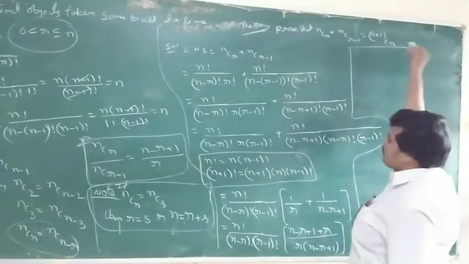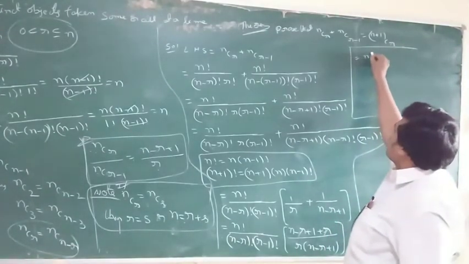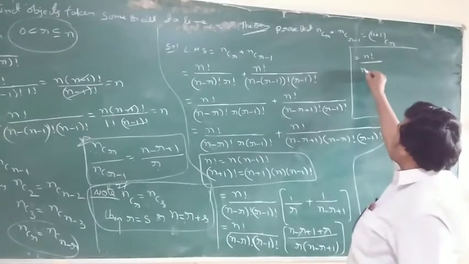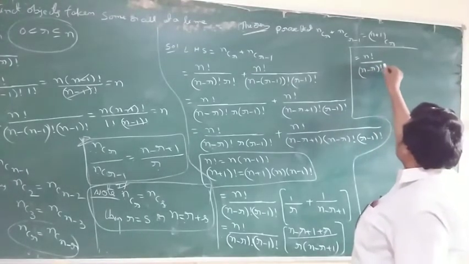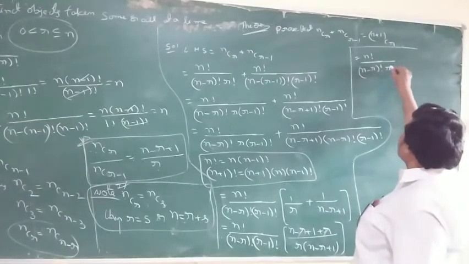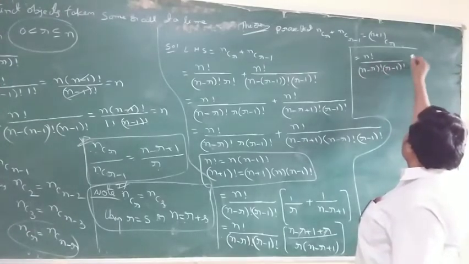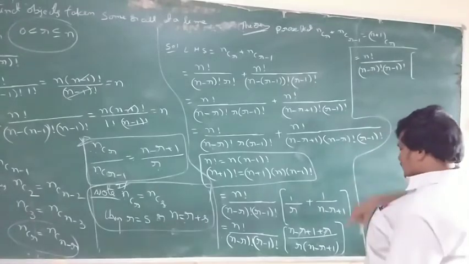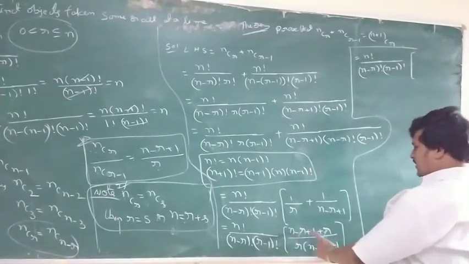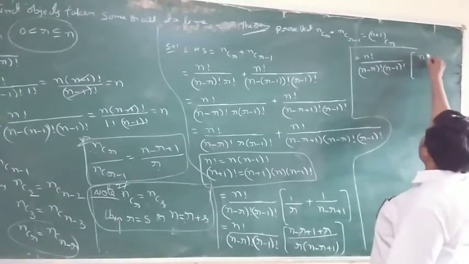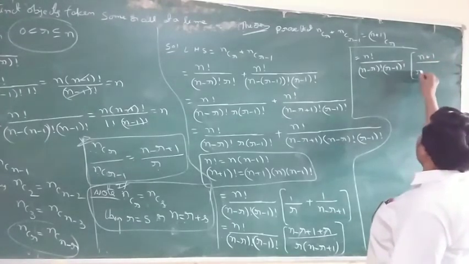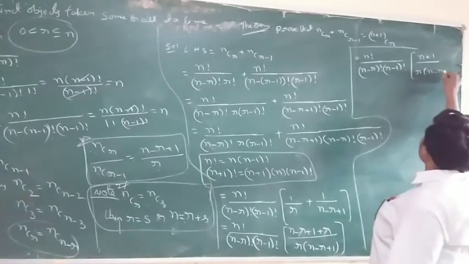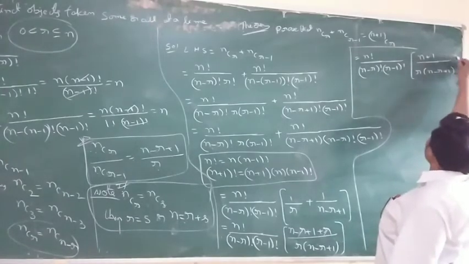So that is equal to n factorial by (n minus r) factorial into (r minus 1) factorial into, so r cancels, (n plus 1) by r into (n minus r plus 1).